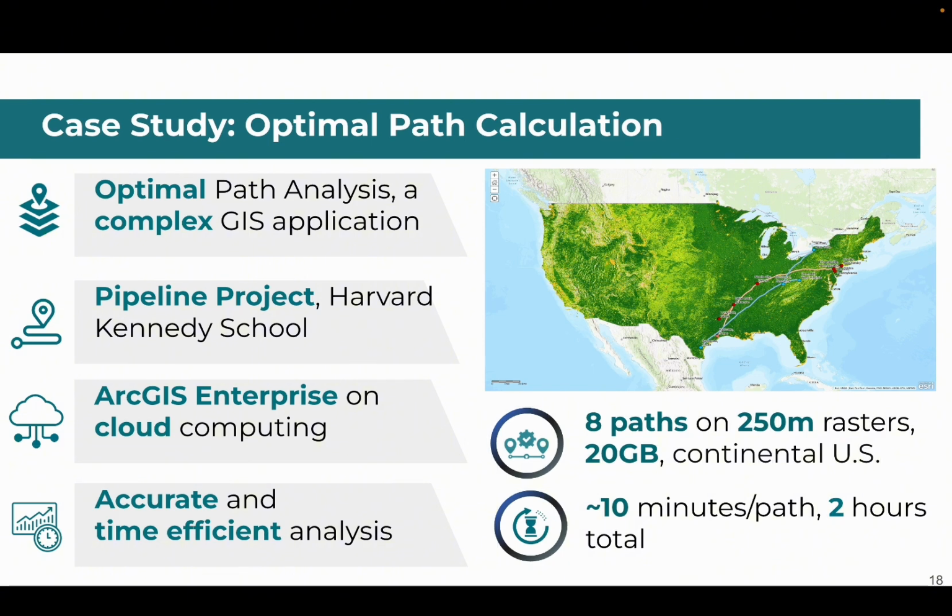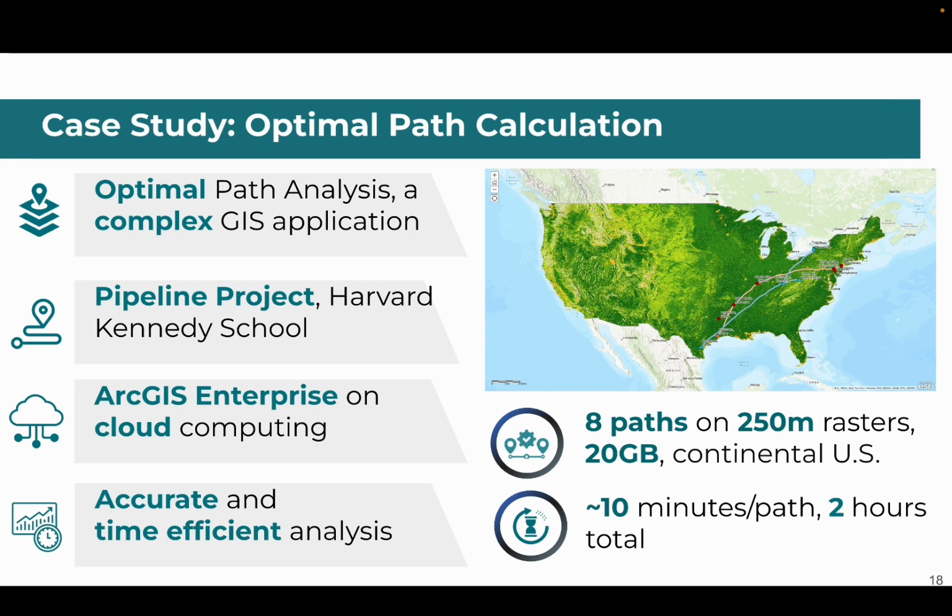Building on the powerful capabilities of ArcGIS Enterprise and the cloud infrastructure, we've taken these strategies even further in specific applications. One such example is OptiPath, a system developed for the Harvard Kennedy School to tackle the challenges of optimal route calculations. OptiPath stands out for its ability to provide accurate and time-efficient analysis for big data routing challenges.